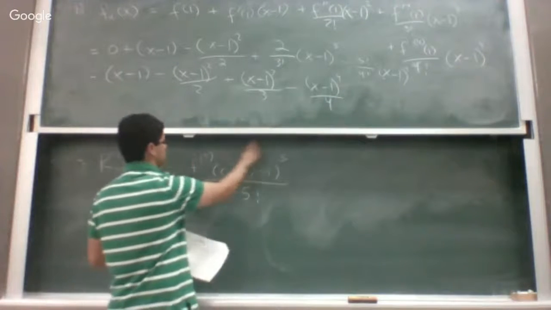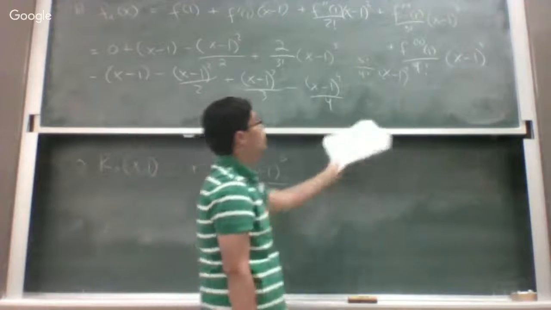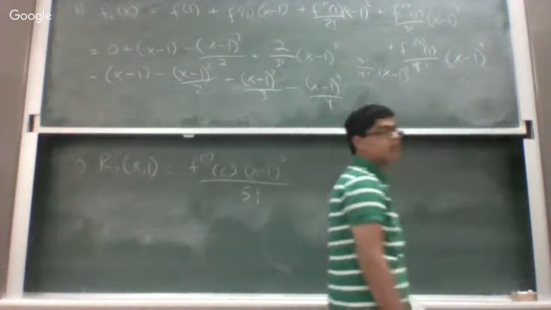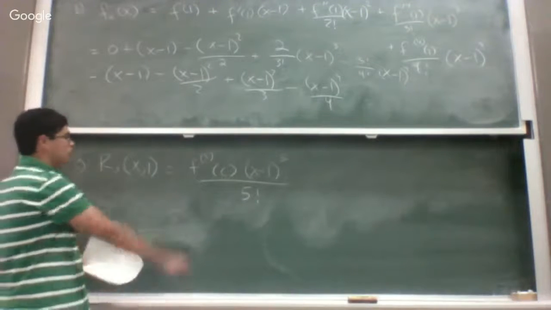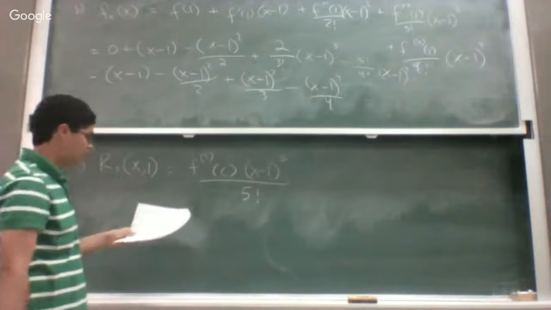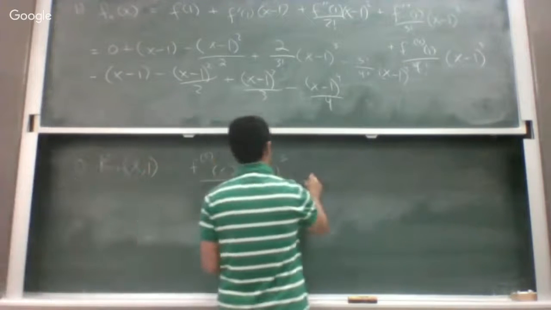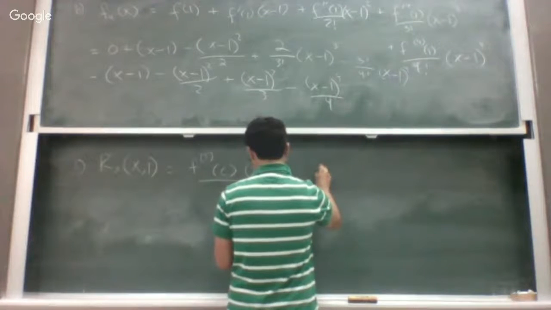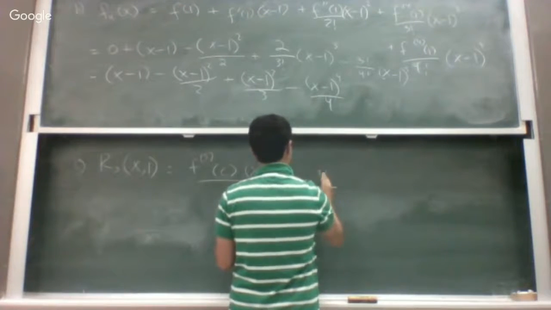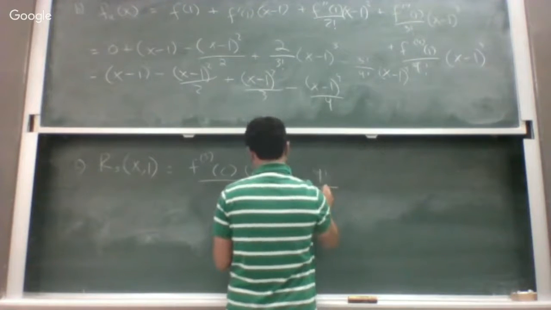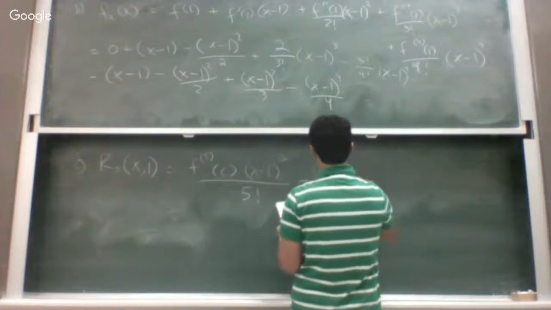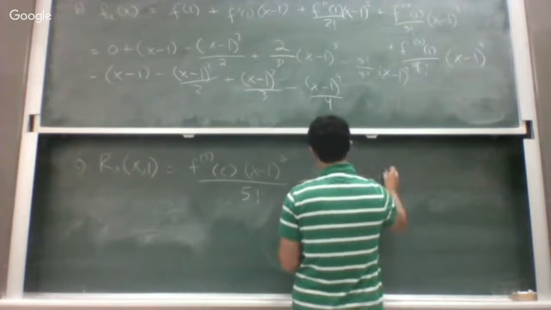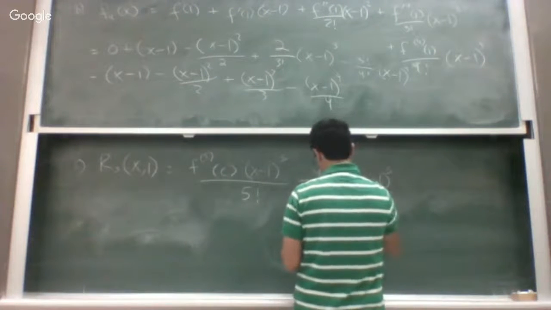This is like the next term here, and we're doing it with c. So we found f to the 5 prime of c to be 4 factorial divided by c to the 5th, and then we have times (x minus 1) to the 5 divided by 5 factorial.